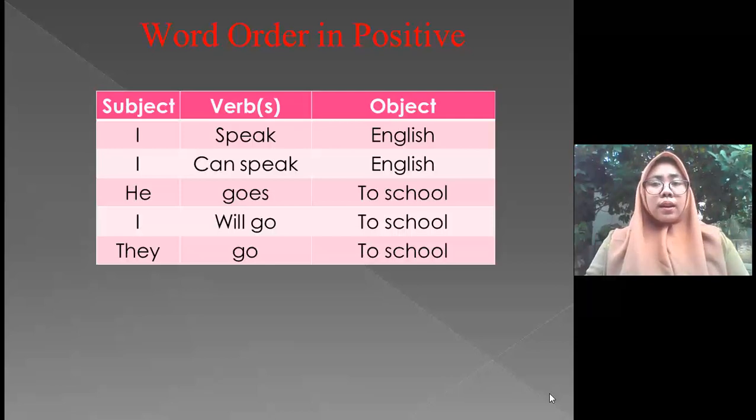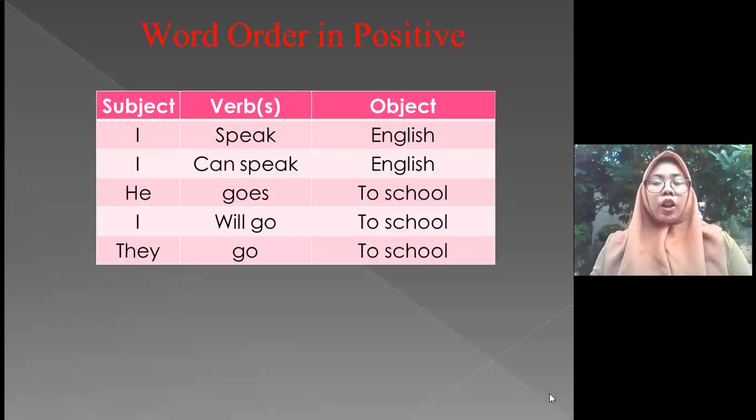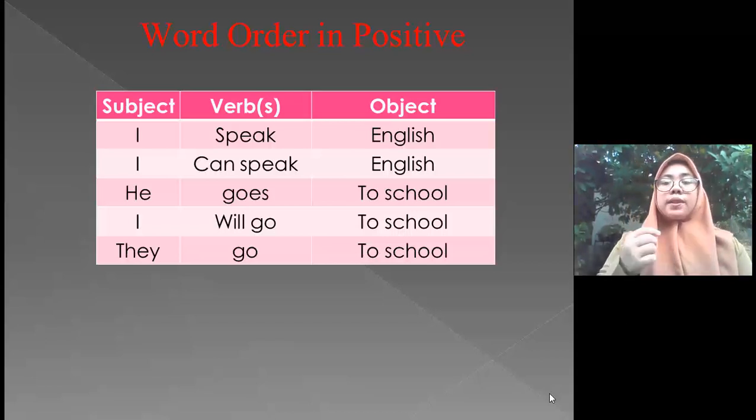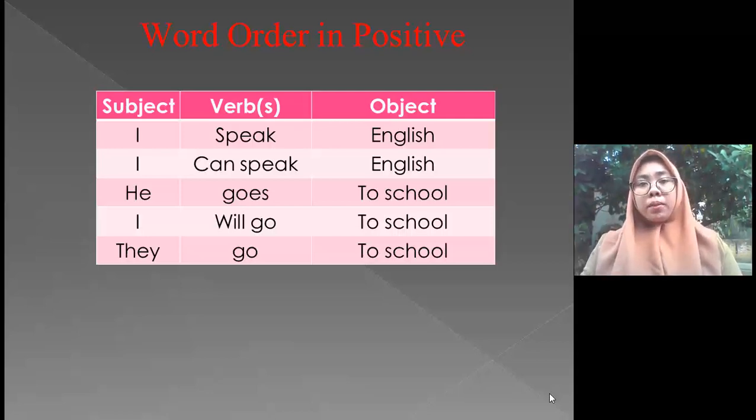Actually, this is the same as the positive statement, the positive sentence. All of us know about the positive sentence. It starts with the subject first, and after the subject, the verb, and the last is the object or complement.